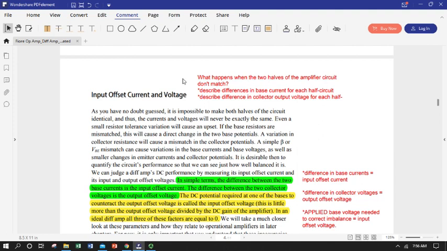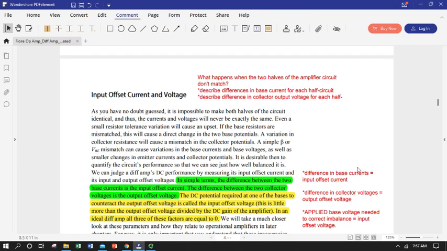The non-ideality or the non-symmetry of the circuit is expressed in two terms. One is the difference in base currents, called the input offset current. So if you've got different DC currents flowing into each base, that would be called the input offset current. And if that results in a difference in collector voltages, that's expressed as the output offset voltage.